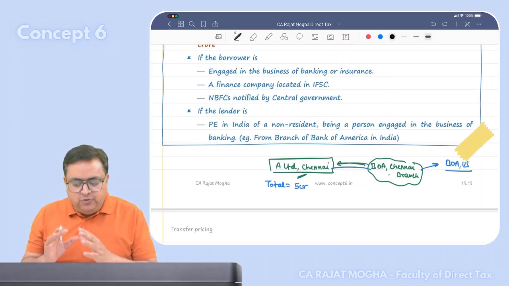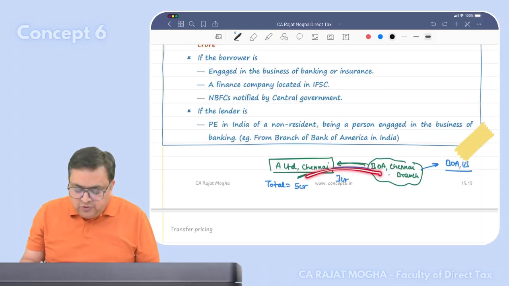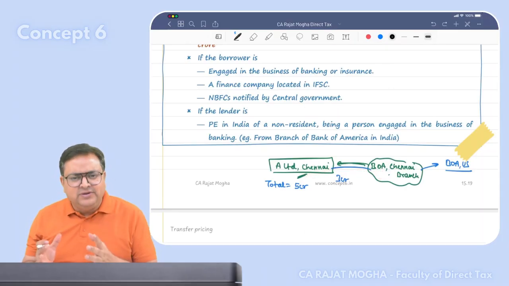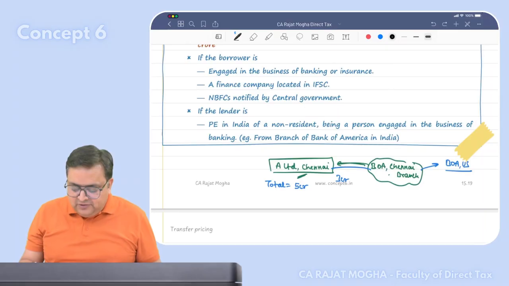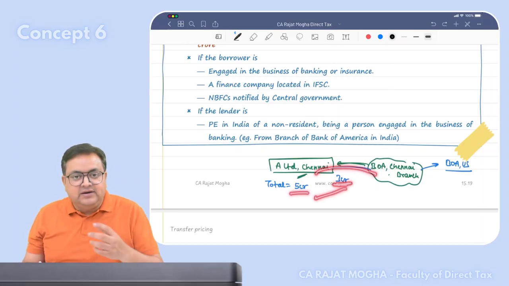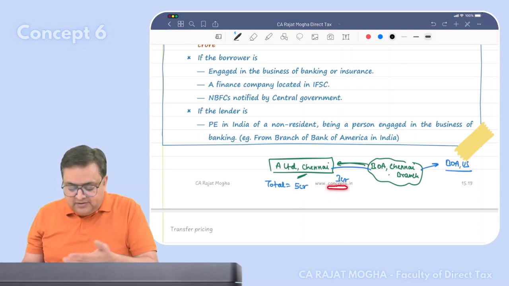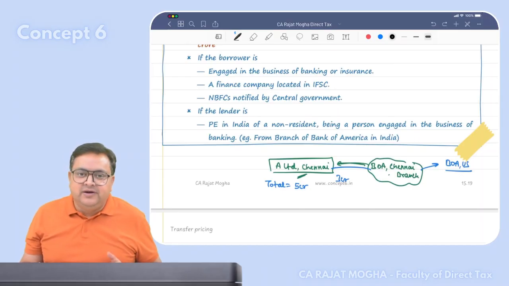So what we will say is, oh, you have taken a loan of more than 51%, you will become an associate enterprise. But do you think that it is actually an associate enterprise transaction, or a normal loan transaction? It's a normal loan transaction. So although they are giving you the loan, and you will see that it is more than 51%, actually 60%, the assessing officer will say you become an associate enterprise. The answer is no.